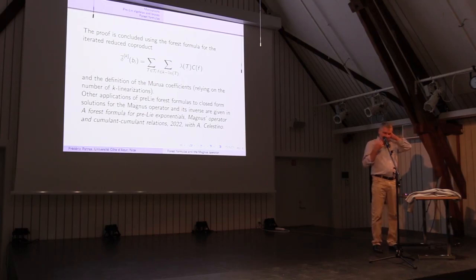It also explains why we arrive at these terms when we try to compute the formulas relating the various families of cumulants in free probability, because at the very end this is always the same phenomenon appearing. There's a pre-Lie algebra structure. This pre-Lie algebra structure gives rise to a very specific form of the corresponding enveloping algebras, and using the properties of these enveloping algebras allows us to derive methods that end up with closed and explicit formulas.